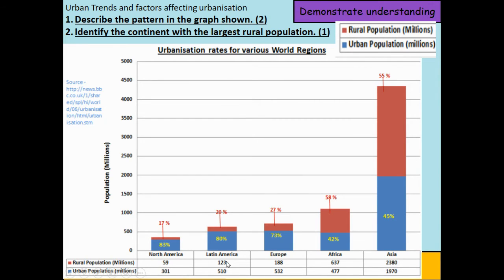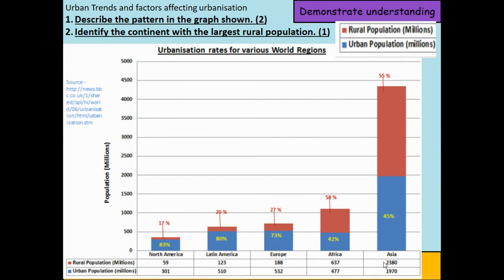Well, you've got different continents here. Okay, different continents. Explain the differences in rural and urban population. So you can see in North America, most people live in the towns or cities.